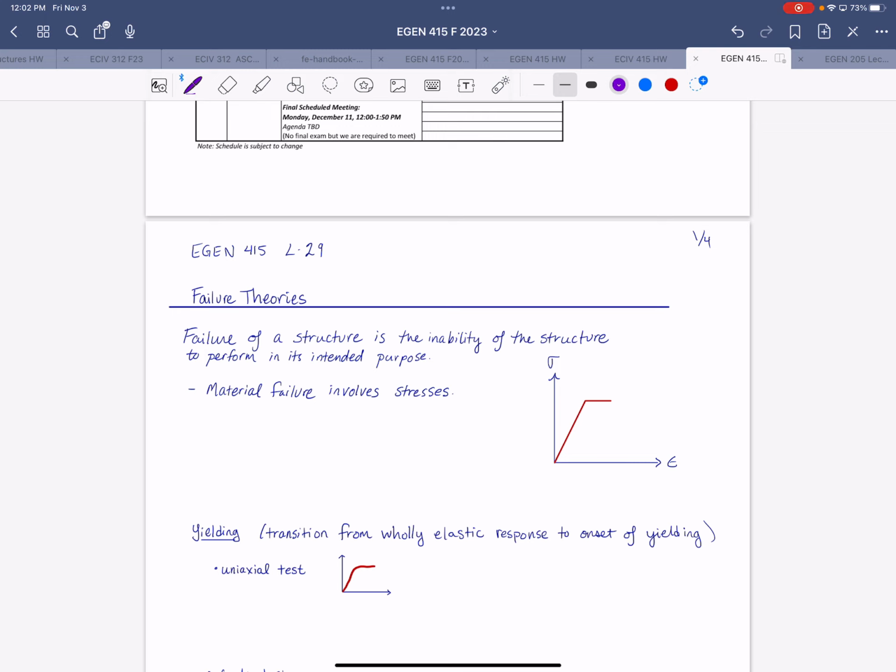Because it's indeterminate, you have to start by choosing one of the reaction forces to relax and turn into something that you're going to treat as an applied force. So you'll apply statics and from your equilibrium equations write the other two reactions in terms of the one that you relaxed.